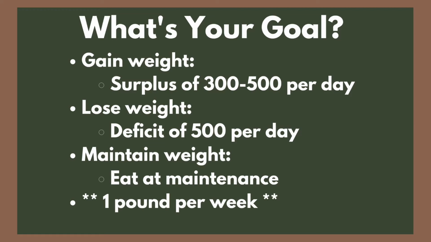Yes, nice and slow, nice and gradual to maximize muscle potential and to ensure that this is sustainable and not something that is going to be too onerous and cause you to completely go off the rails, binge eat, or even gain all of your weight back. So again, slow and gradual, aim to lose around 1 pound per week. And if you're trying to maintain your weight, well, you're eating at maintenance, you're not adding or subtracting.